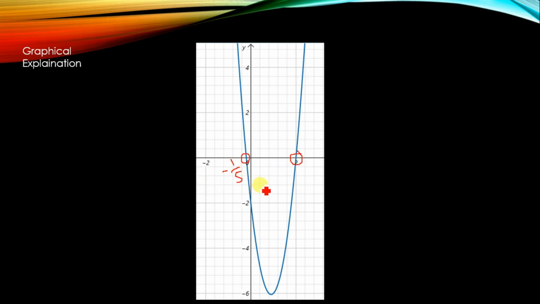So minus 1 upon 5 and 2 are called the roots of this quadratic equation. You can also see that the roots are the values where the graph of the equation intersects the x-axis.